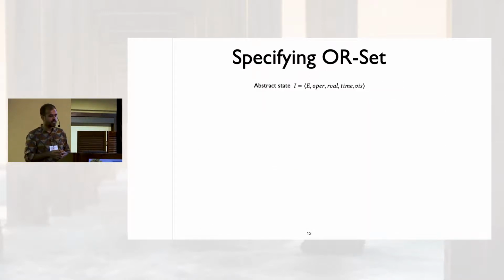So what's the specification language? Our specification language is very similar to what you would find in relaxed memory models. It's event-based, so you have a set of events, and you have functions for extracting operations, return values, and the timestamp. And you have a visibility relation, which is an irreflexive transitive relation between events, which captures what events are visible to what other events.